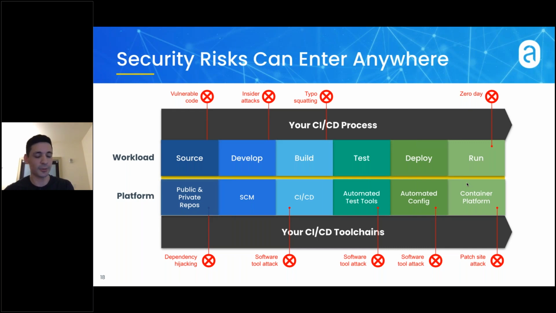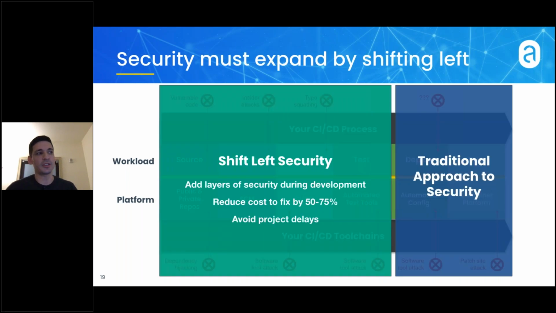And then next, we can dive a little bit deeper into some of the other issues that might potentially arise. One of the ways to address this is to add different layers of security. If we spread these checks out and shift as many of them left as possible, we can try to reduce not only the cost to fix, but the overall cost of a breach.